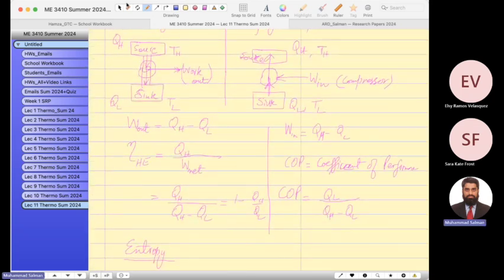I should have written it upside down. So the desired output is the work output. I will correct it in the lecture recording. So I'm sorry, this is Q.